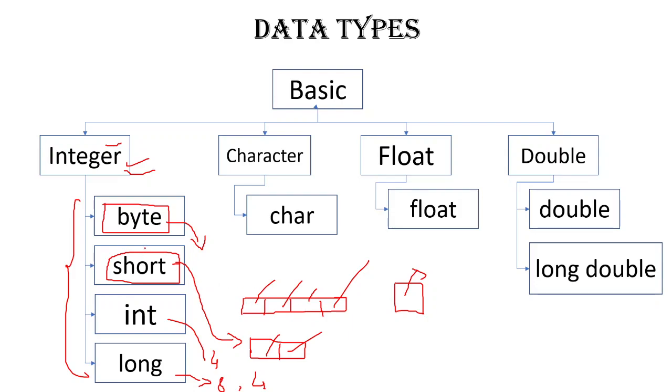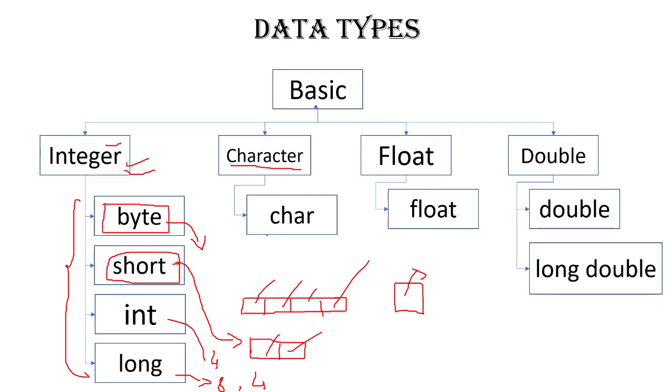This is the basic idea I have given: byte will have less memory, short will have more than that, integer will have more than that, and long will have more than that. Sometimes long long is also present. Keep this in mind. I'll show you all these things in the IDE. Then we have characters.